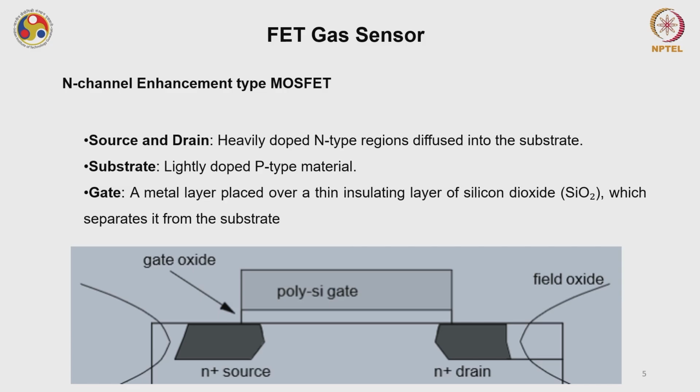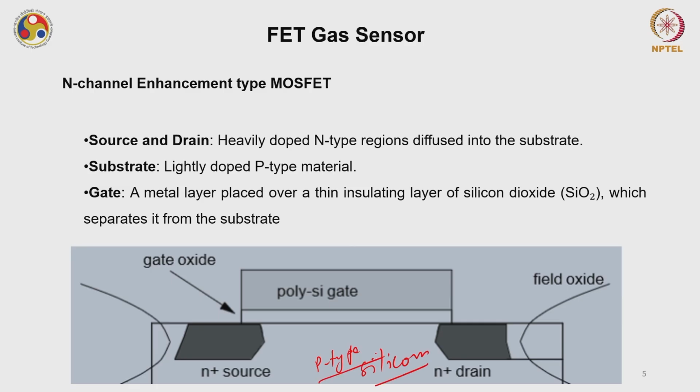So the major parts of this FET are its source, drain, substrate, gate and gate oxide. As I have mentioned, this is an n-channel enhancement type MOSFET. So the body or the substrate is a p-type material, say p-type silicon.